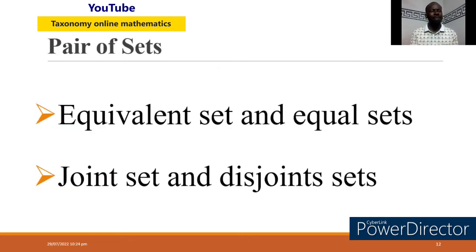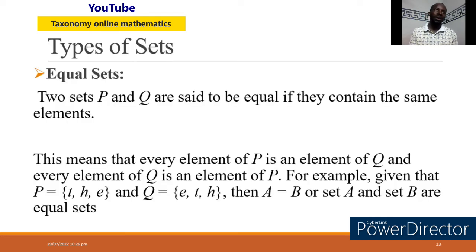Then let's talk about the pair of sets. We are still on the types of sets, but there are some types of sets that are based on a pair of sets. They are basically defined in terms of 2 sets. These are the equivalent set and equal set, or joint or disjoint set. As the word explains, equal.